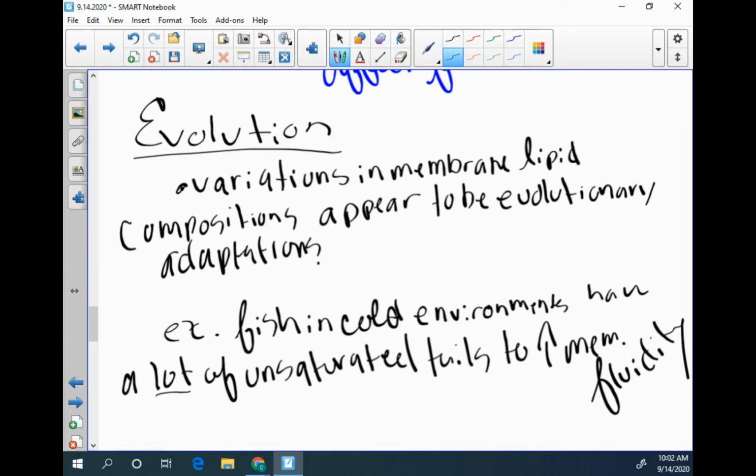So that increase in double bonds is an adaptation. If a specific fish had a lot more of these double bonds by accident, it can live in a colder environment, reproduce more, and therefore its offspring would have more unsaturated lipids in its plasma membrane.